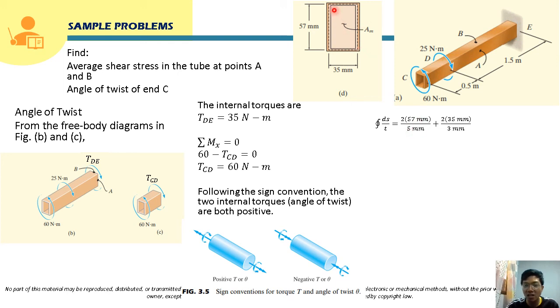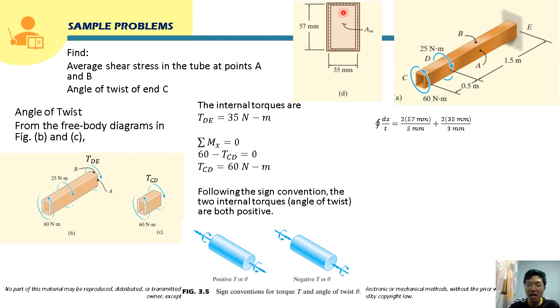And the summation of the length of these middle lines is just 57 millimeter plus 57 millimeter, which is 2 times 57 millimeter. Also, for these middle lines, this middle line and this middle line, they have the same thickness as well, which is 3 millimeter.